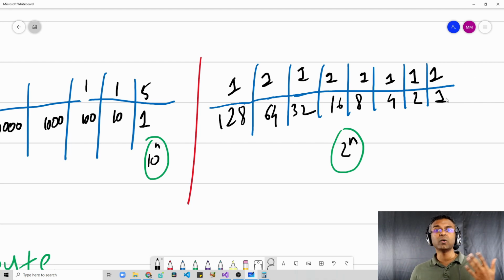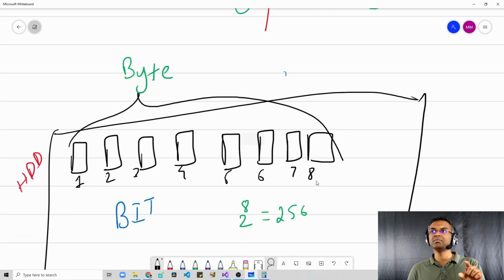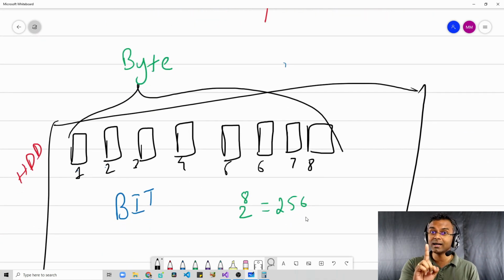So in total you have 256 different numbers which can be stored in just one byte of memory, right?